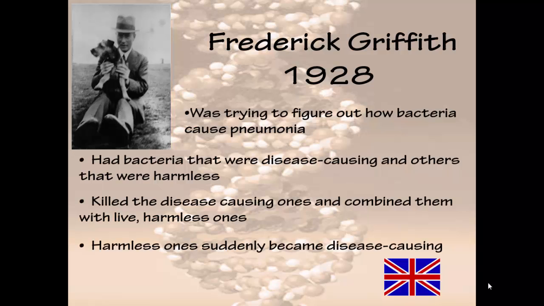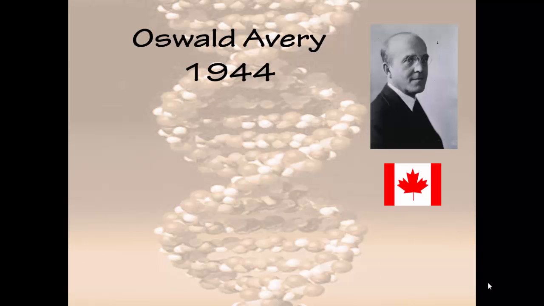What he found was that those live good guys suddenly became disease-causing bacteria. He called that transformation, because the good guys transformed into bad guys. So that was our first foray into figuring out what is going on here.